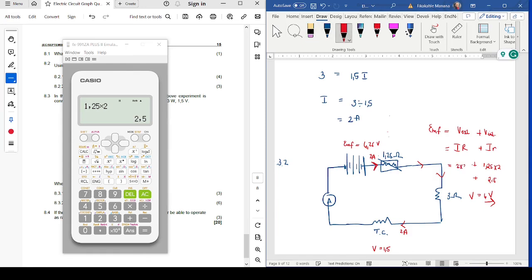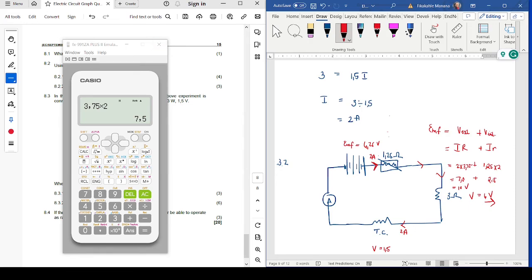So 2 times 3,75. That's a lot. It's like 7.5. So basically, we're calculating our, look at me doing ohms. We basically have 10 volts over here, and our EMF is rated at 6,25.